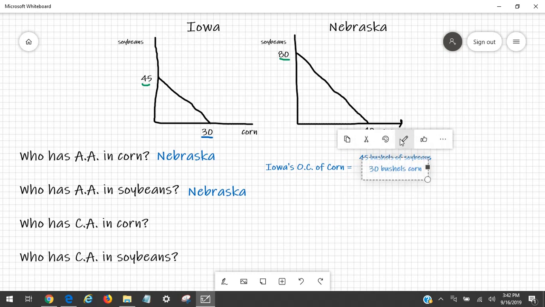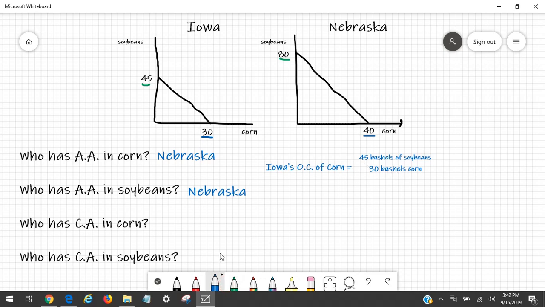Okay, and then I'm going to draw a line just to denote that we're dividing here. So 45 bushels of soybeans divided by 30 bushels of corn. So in math, when you have a fraction, this divider line, which I have yet to remember the name of, I really need to look that up.